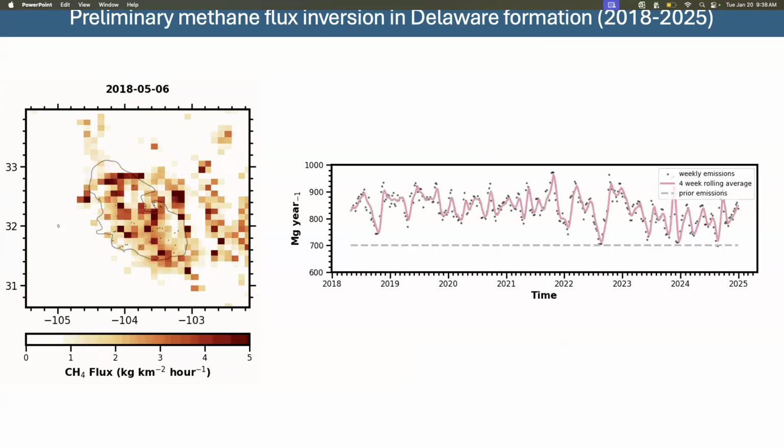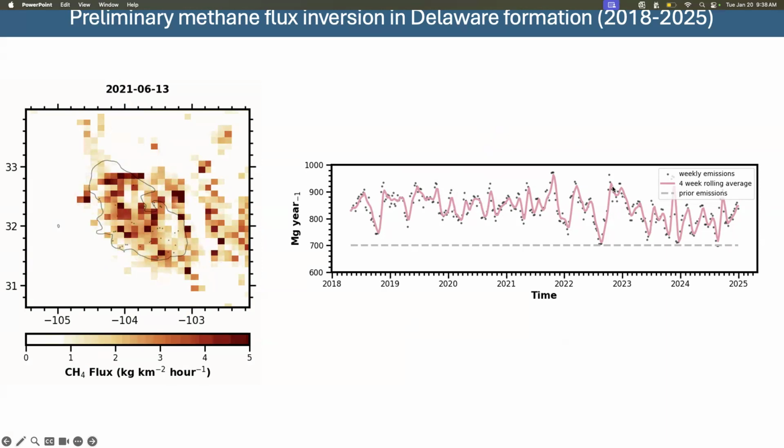This is the time series of the emissions for this Delaware Formation, showing weekly emissions and also a 4 week rolling average, from May 2018 to December 2025. Some of the features seem consistent with previous work. For example, we see very similar or flat emissions, especially in this time period.